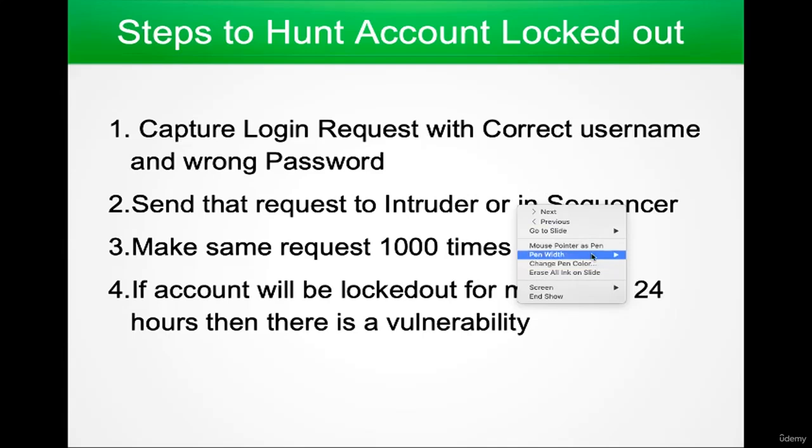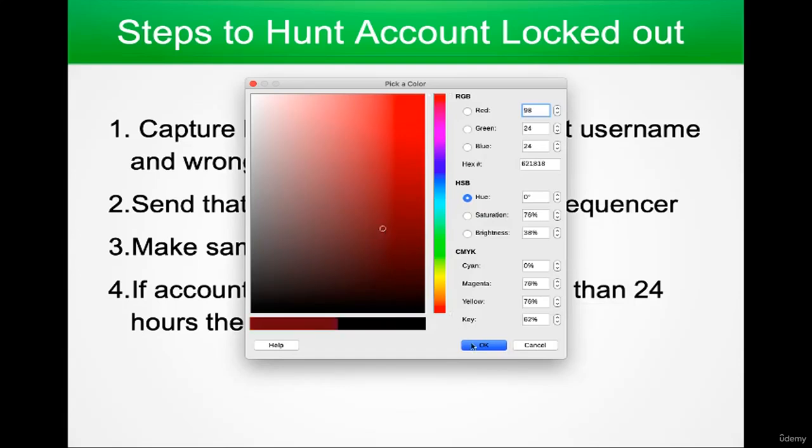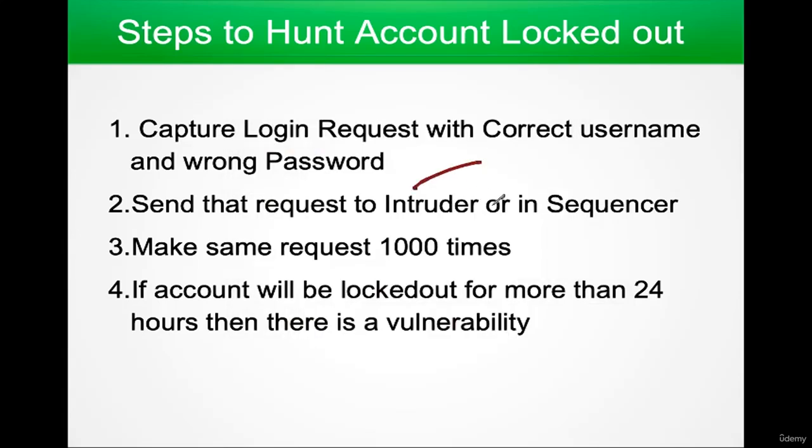For that you have to use Intruder. Now if the account is locked out for more than 24 hours, then there is a vulnerability. If it's not locked for 24 hours, then there is no vulnerability.